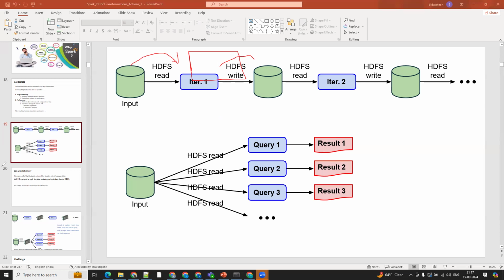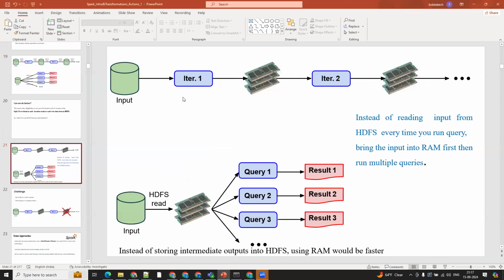Then this is what they thought. The first time you read the data, you get that data and do that iteration. Next time onwards, you store it in RAM memory. Even when you want to execute queries, don't read directly from HDFS.